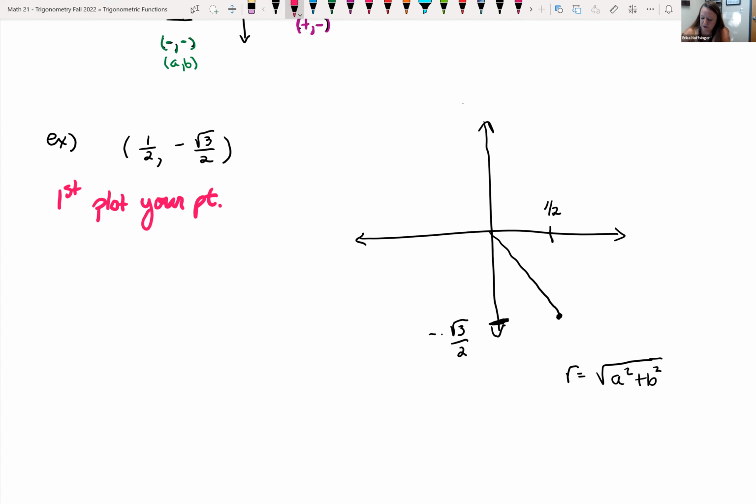So the second thing that we want to do once we plot our point is find r, the distance from the origin to the point.